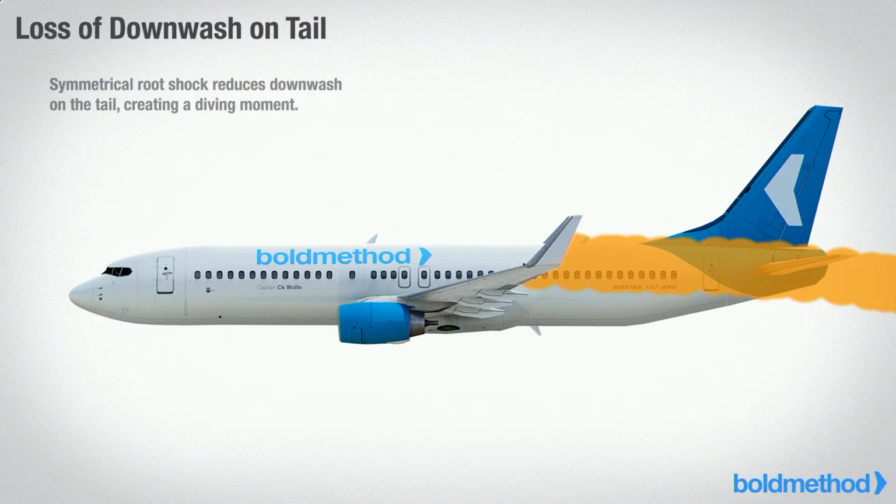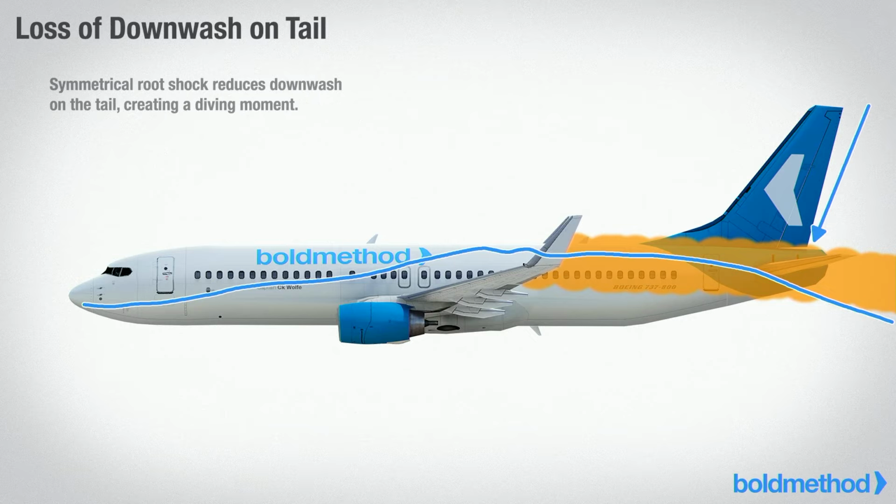Okay, there's another reason that the airplane could start to tuck down. If you take a look at this loss of downwash on tail, let's think about what normally happens as air flows over the airplane. Normally, you have your relative wind that comes up, crosses the wing, and then it flows down smoothly. And that smooth airflow flows over your horizontal stabilizer, allowing it to generate lift as a tail down force.